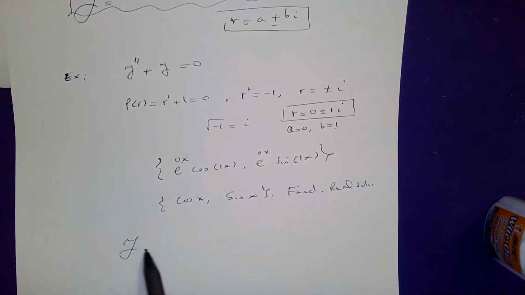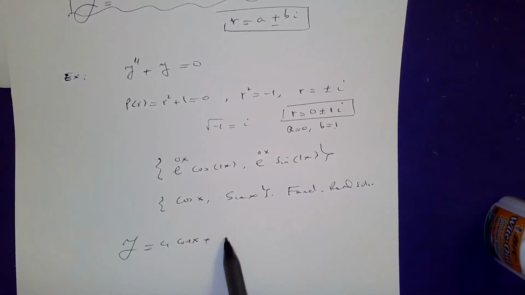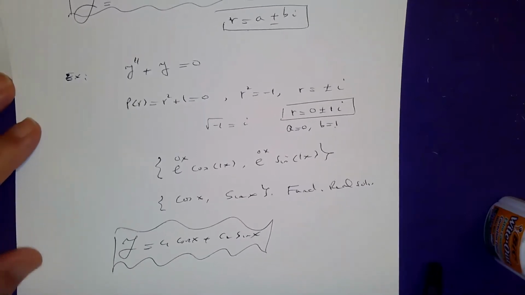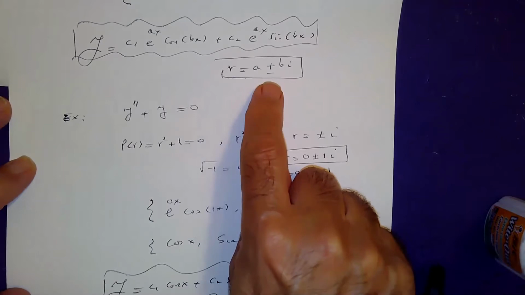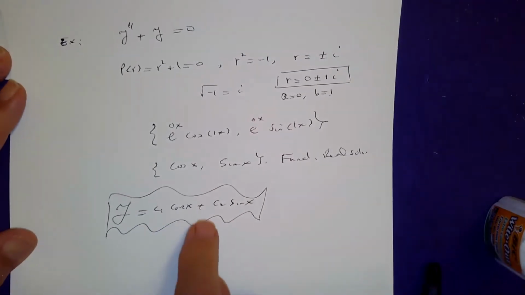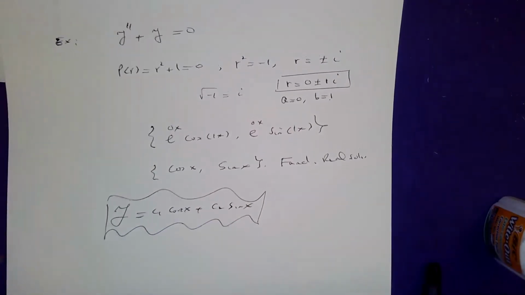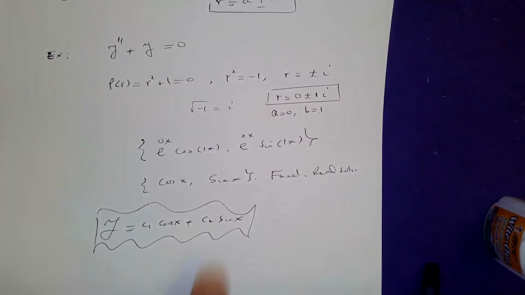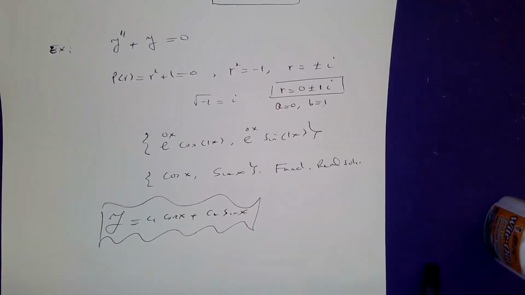So the final answer is C1 cosine of x plus C2 sine of x. The moral of the story is, if the roots are complex, you can bet your money you're going to have sine and cosine in your answer. That's the takeaway from complex roots.